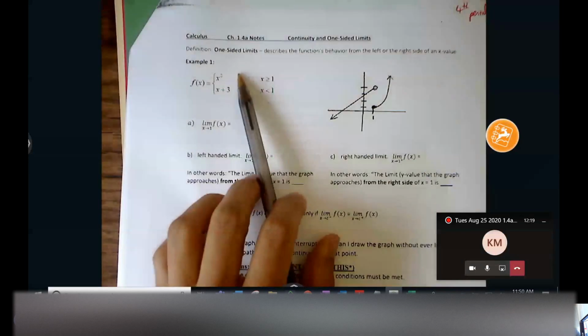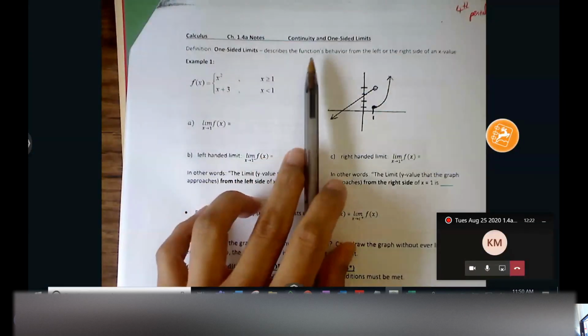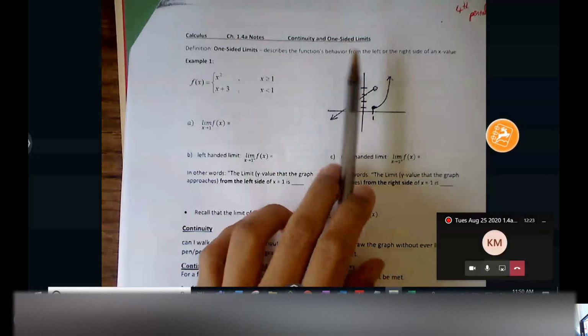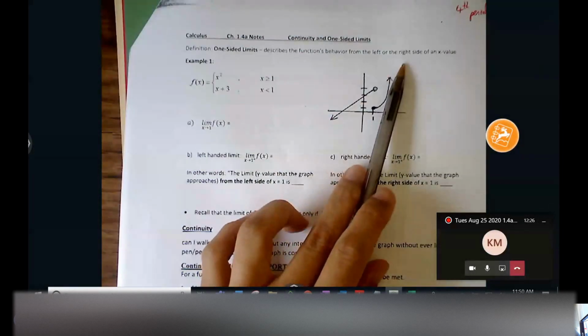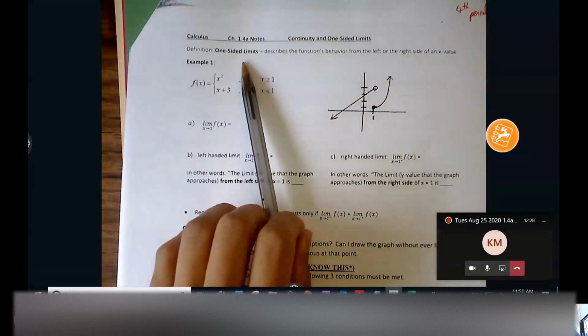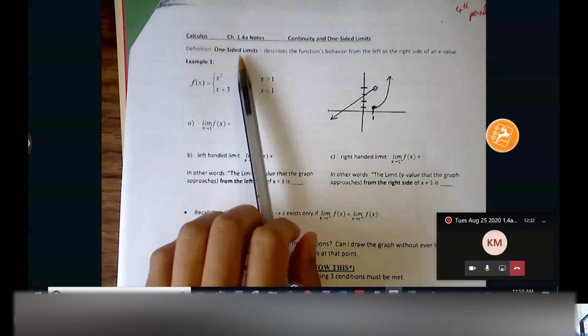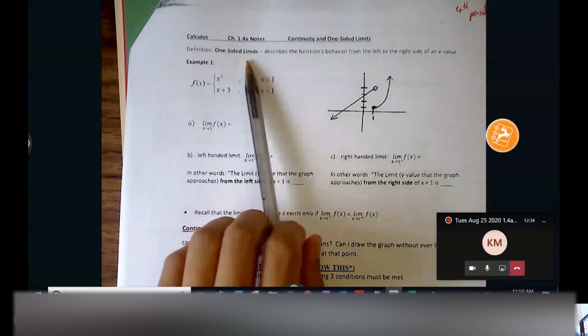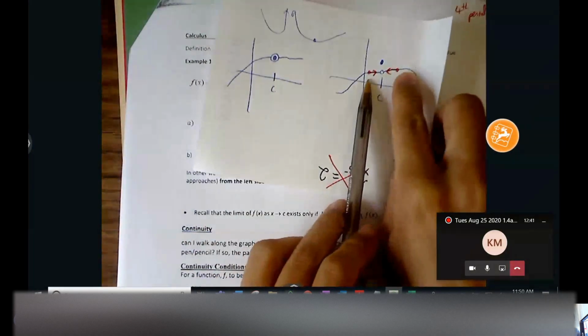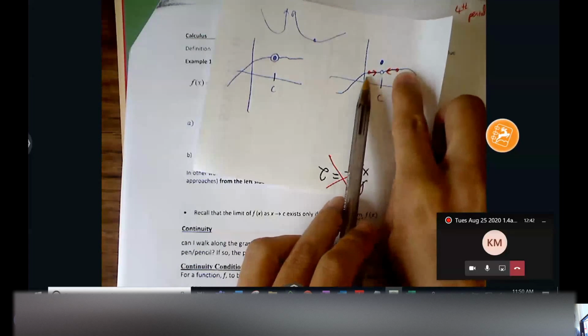So a one-sided limit is a way for us to describe the function's behavior from just the left side or just the right side of an x value. When we talked about limits in the past, we always talked about both sides, right? In order for a true limit to exist, the graph has to approach the same y value from both sides of our target.